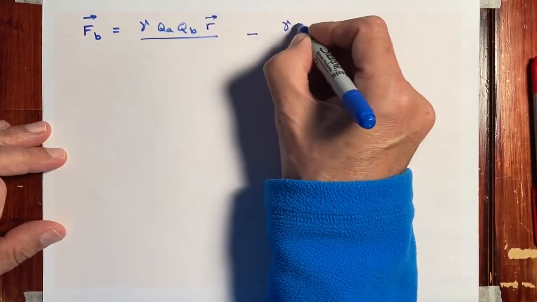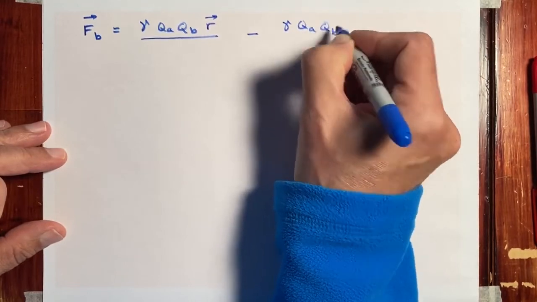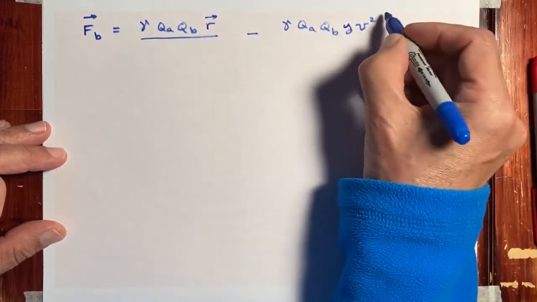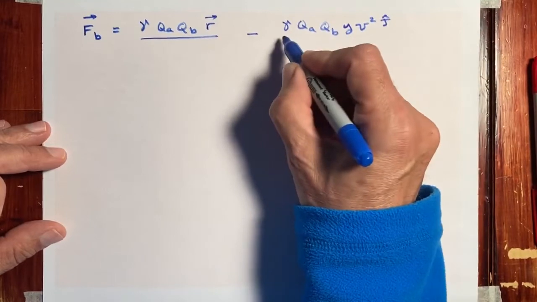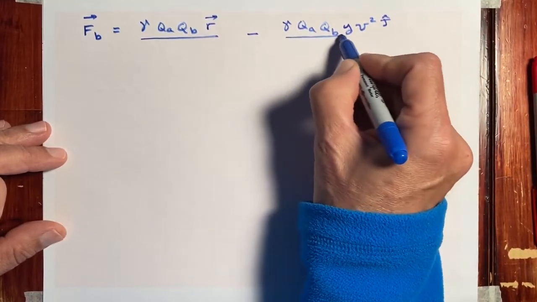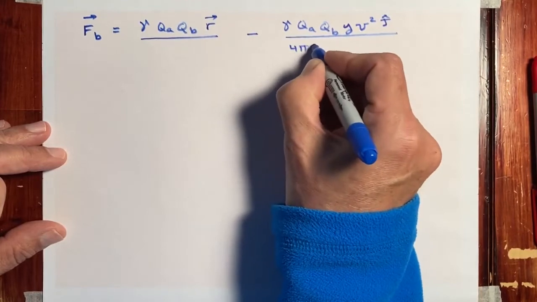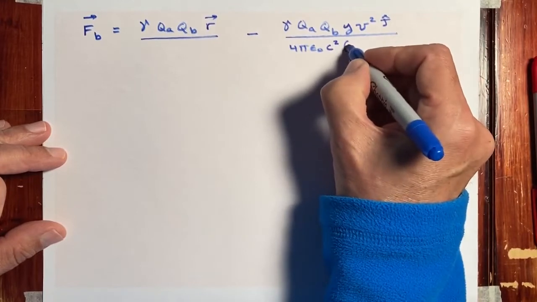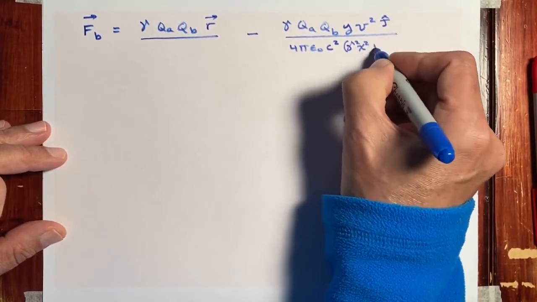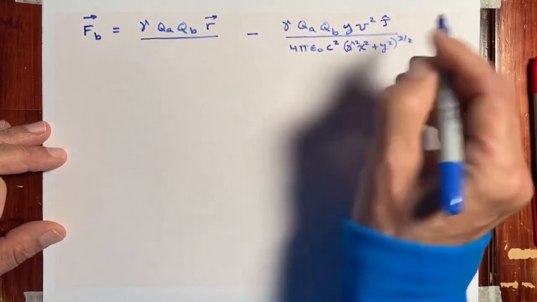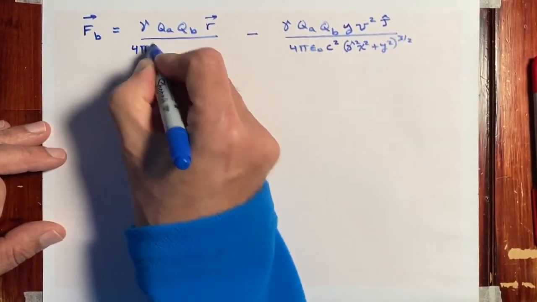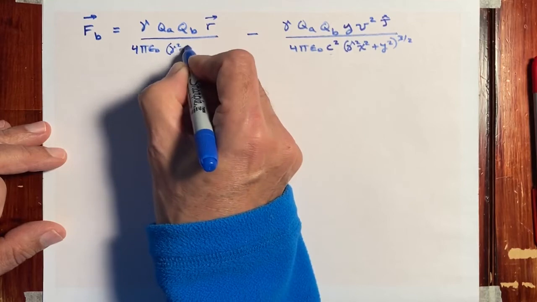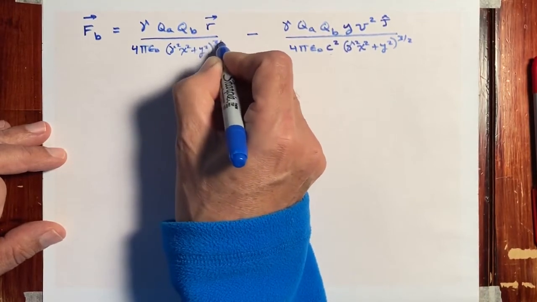From that, we're going to subtract gamma qa qb y v squared j hat. And that is going to be almost the same denominator as before, except that this one is going to have a 4 pi epsilon naught c squared times gamma squared x squared plus y squared to the 3/2. And here we're also going to have the same denominator, but without this c squared here, and that's going to be gamma squared x squared plus y squared to the 3/2.